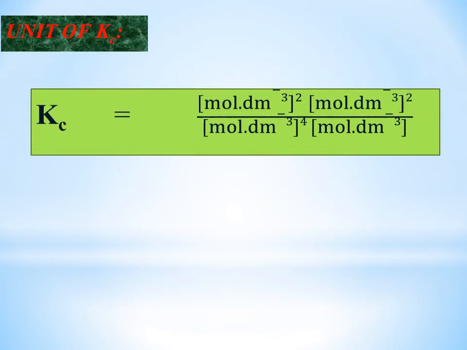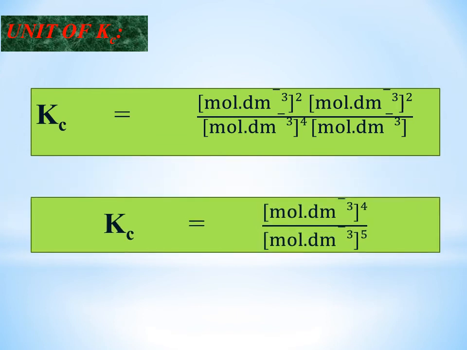And the unit of Kc for this reaction will be mole per decimeter cube whole square and mole per decimeter cube whole square. And in the subscript, we will have mole per decimeter cube as a whole 4, because we have 4 moles, and mole per decimeter cube.